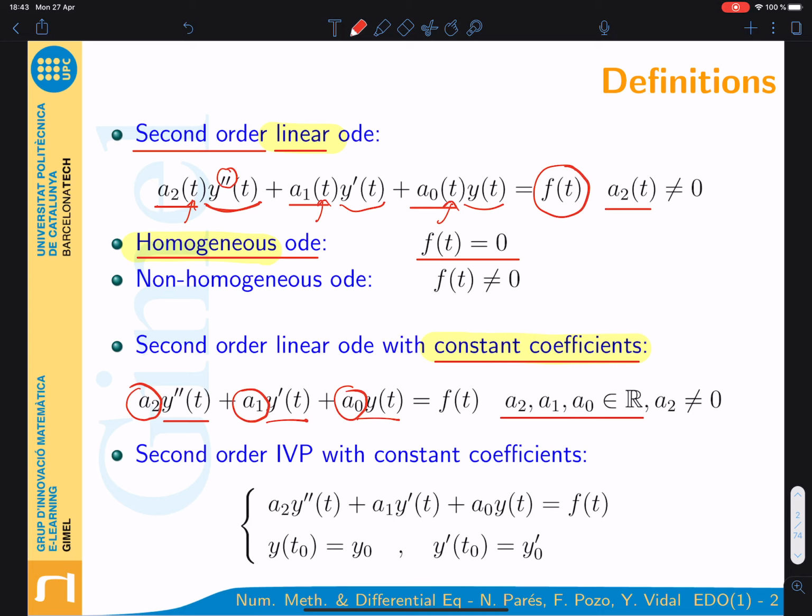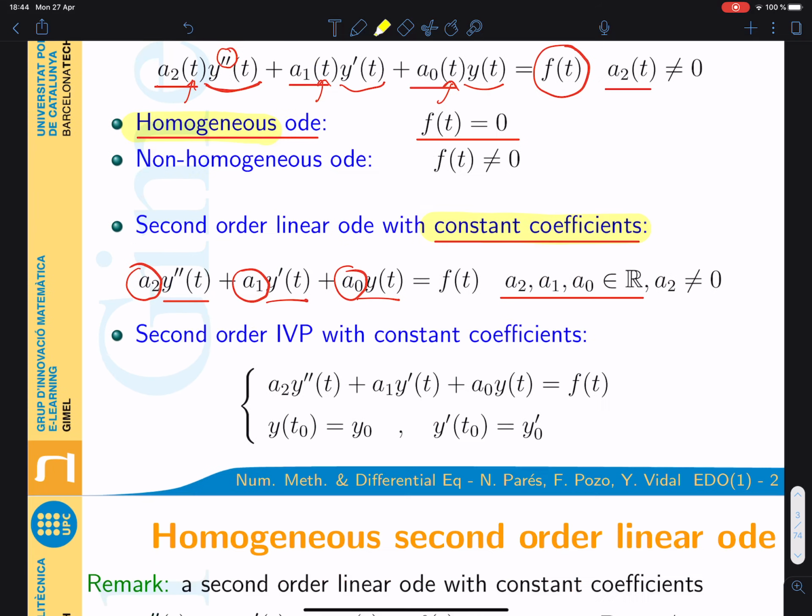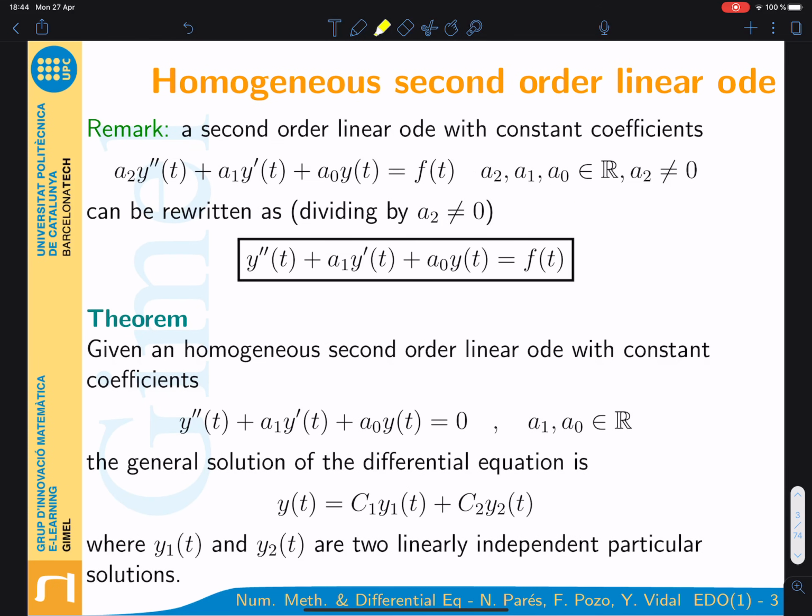So today, we will only deal with a lot of adjectives, yeah? Second order, linear, homogeneous, with constant coefficients, ODEs. Okay, let's see how we can solve this very specific type of ODE that we can write in this manner.